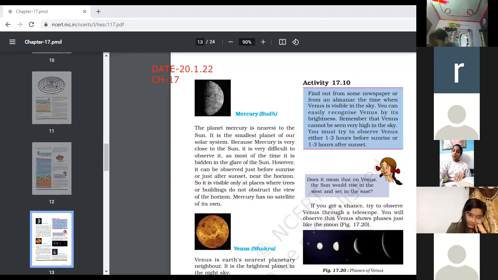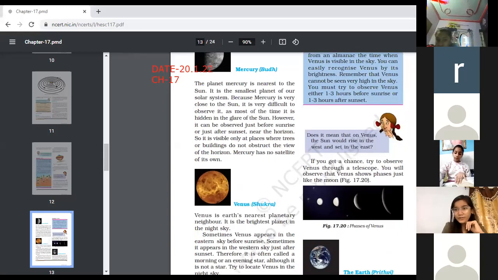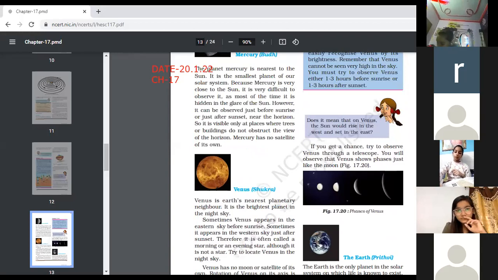Okay. Yes, Prateksha, continue with the second planet, Venus. Ma'am, what is the meaning of horizon? Horizon is where the Earth, the land, and the sky appear to meet.